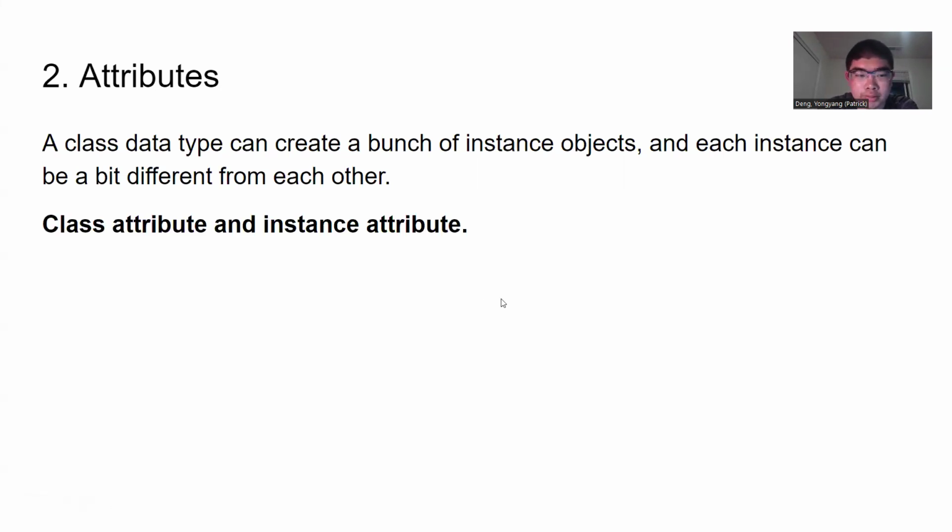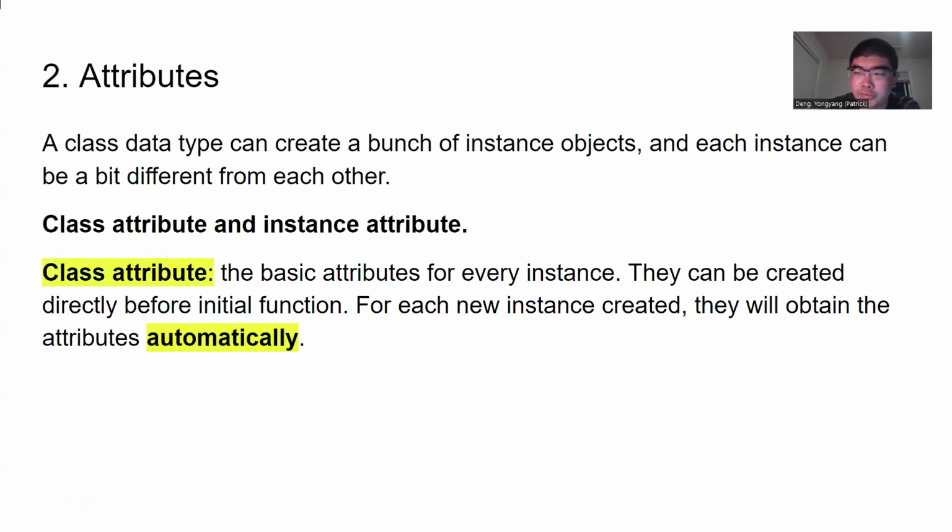So we're introducing class attributes and instance attributes. The difference is that the class attribute is the basic attribute for every instance. For example, sparrow and eagle are two kinds of birds, and although they're different, their class attributes must be the same. Why? Because they are birds. The class attribute refers to the characteristics they keep as a bird, like they can fly, they can eat, they can do what other birds can do.